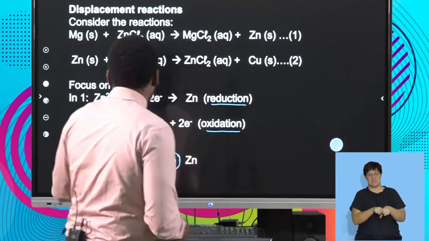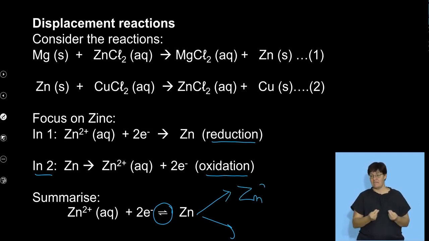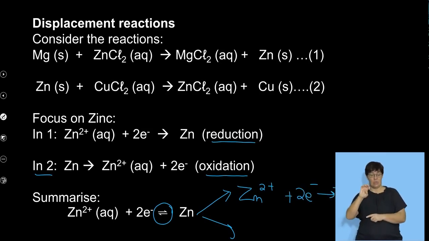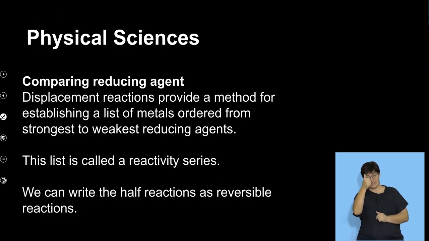So the double arrow suggests that there are 2 possibilities here. If we read this equation from left to right, we can have zinc 2 plus plus 2 electrons to give us zinc, okay? Or from right to left, we can show zinc undergoing oxidation, okay? Plus 2 electrons, right? So that's the main idea, okay? So that's what it means.